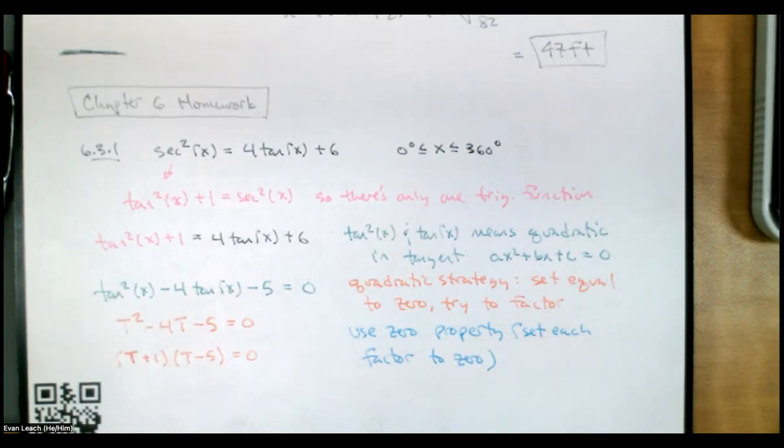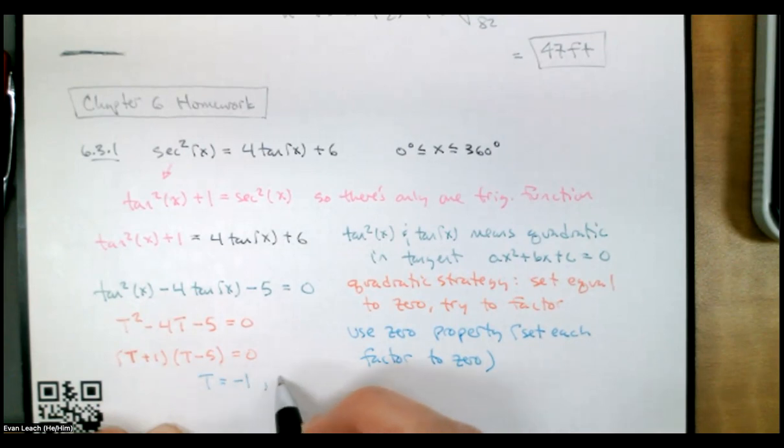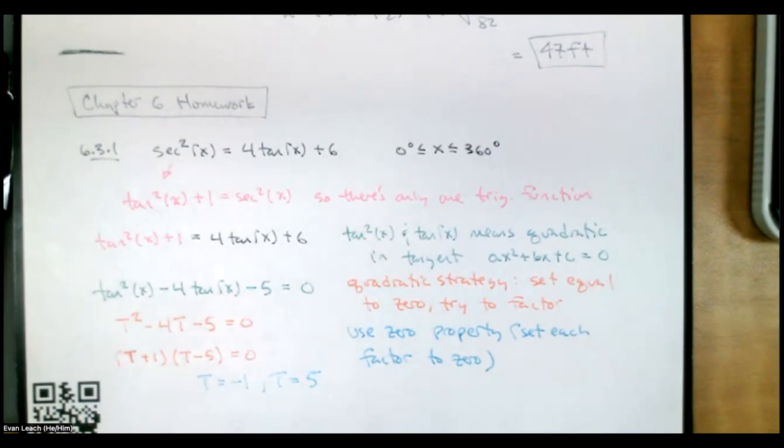That's the only way to multiply to get 0. So this tells us that t is equal to -1, or t is equal to 5. But t was just standing in place for tangent. So I actually want to solve tangent of x equals -1, or tangent of x equals 5.